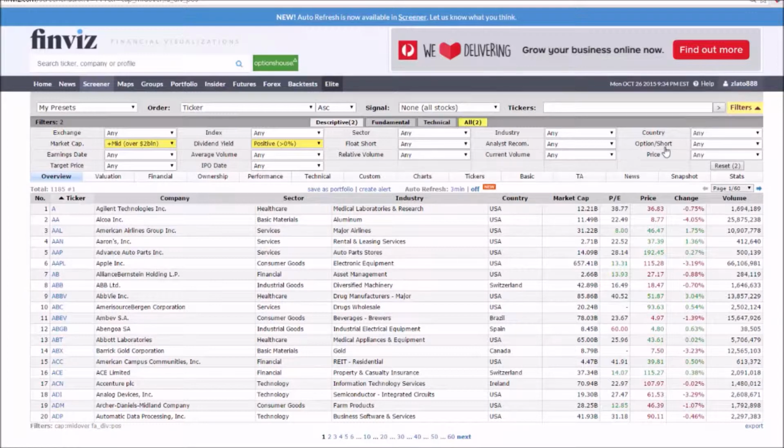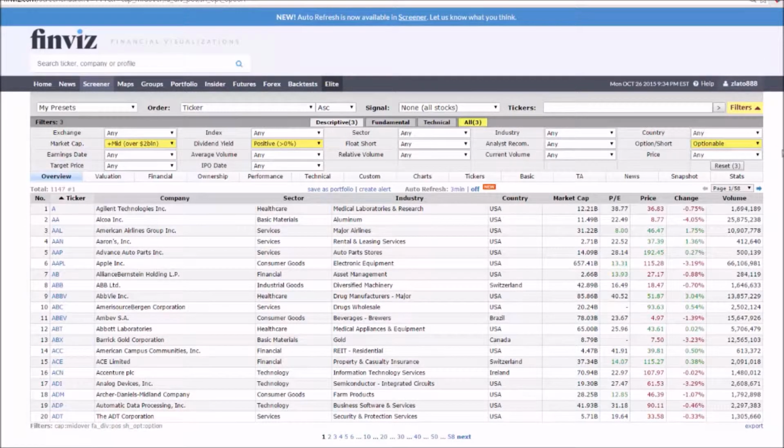Another thing is you can choose country as well. But what I usually look at is options and short. I prefer companies which are optionable. If you have already been to my meetings or seminars, you already know that I sell covered calls quite a lot. Even if I'm buying an undervalued company for growth, I still prefer that it's optionable because I can collect some rent.